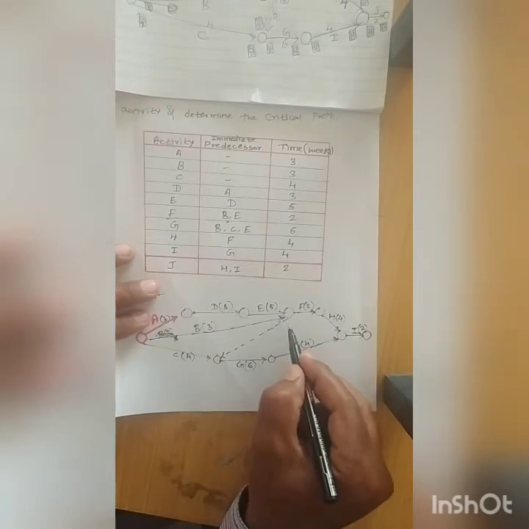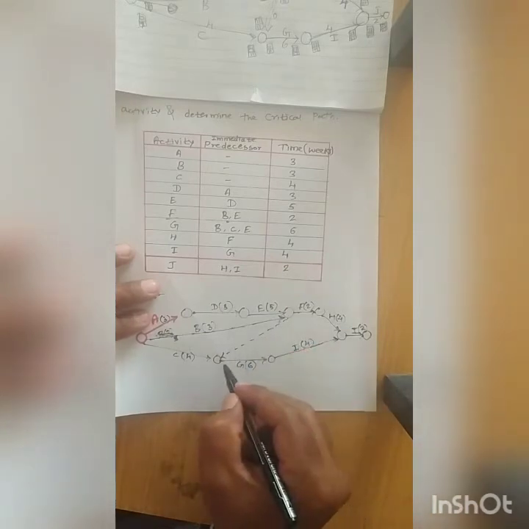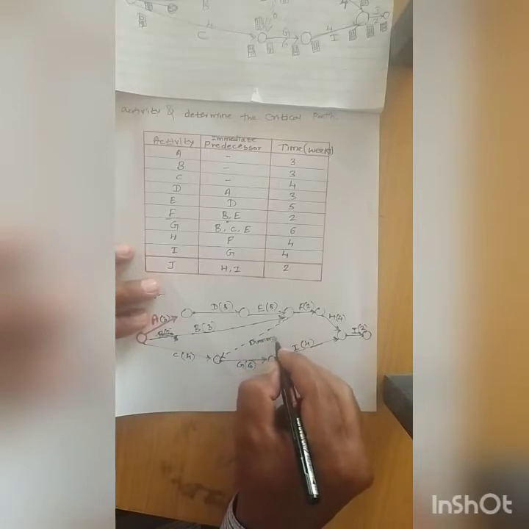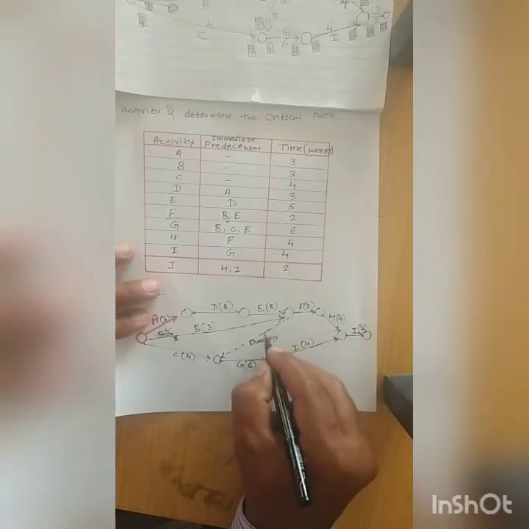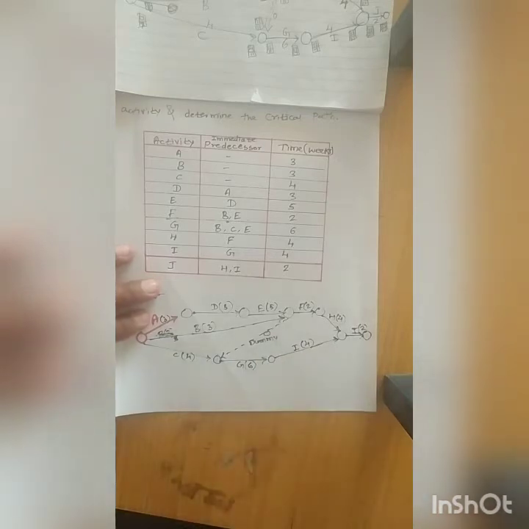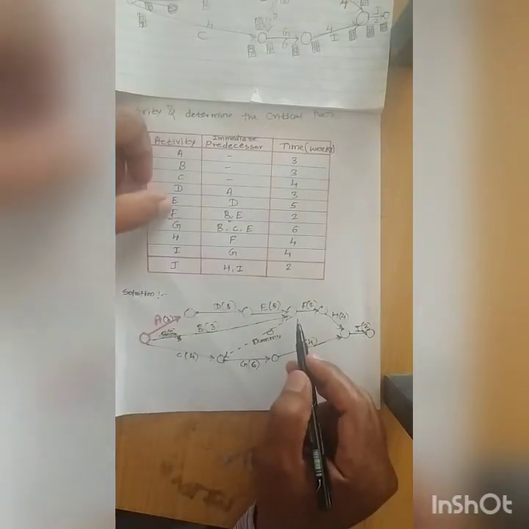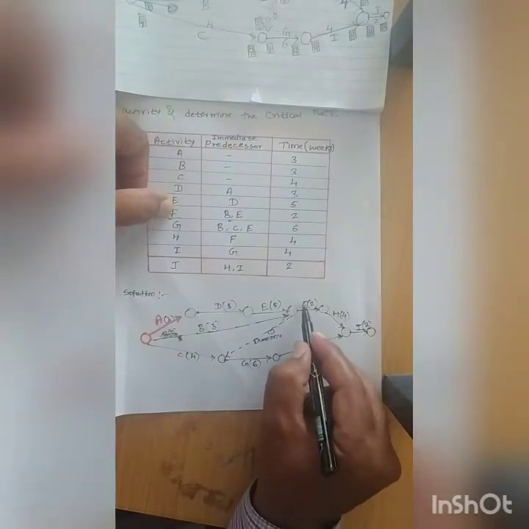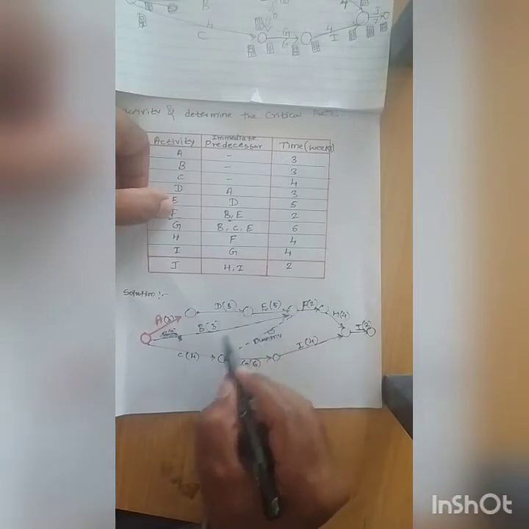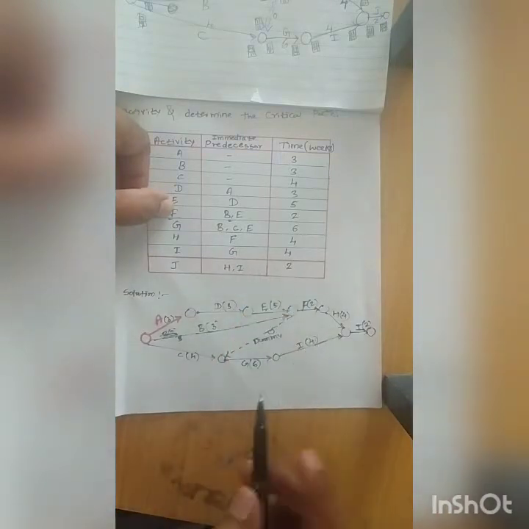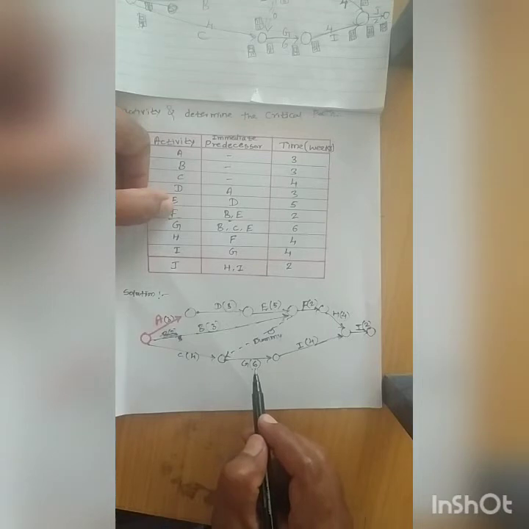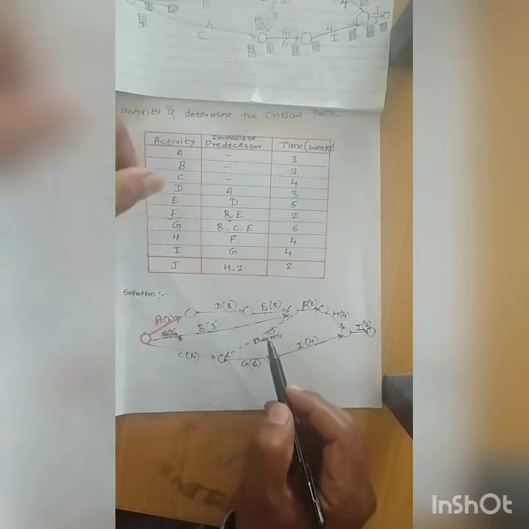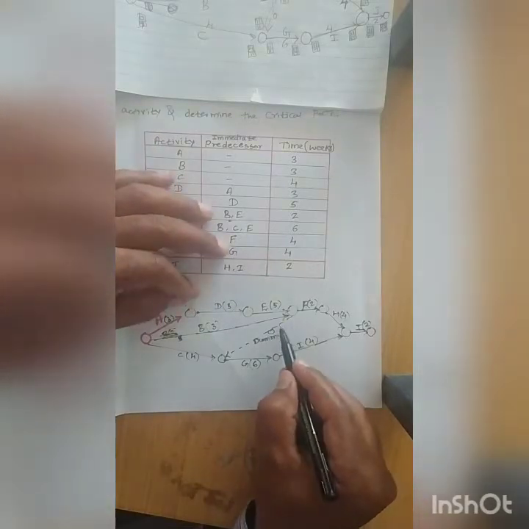Why have I taken a dummy activity here? Dummy means it has 0 duration. Activity F will start only after completion of E and B, and activity G will start only after completion of C, B and E. So how to take the dummy activity?